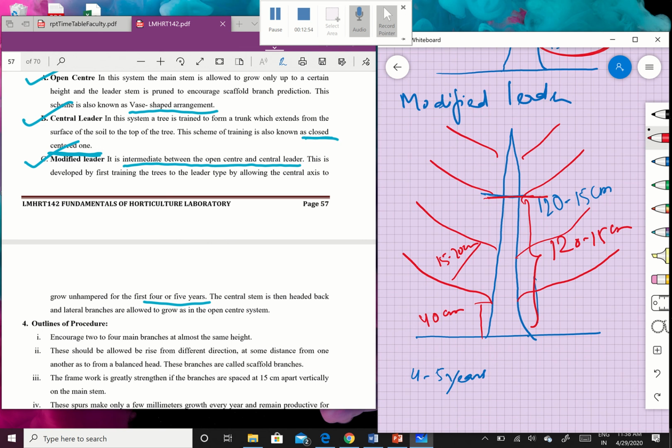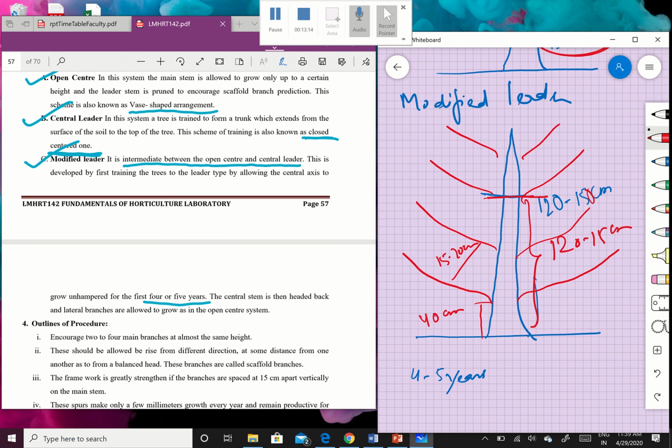So this is your modified leader. In modified leader, what you have to remember is that we allow the tree to grow uninterrupted for 4 to 5 years. Once they attain 4 to 5 years, we are going to cut it at 120 to 150 centimeter.